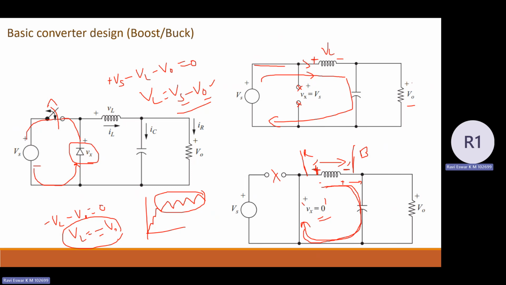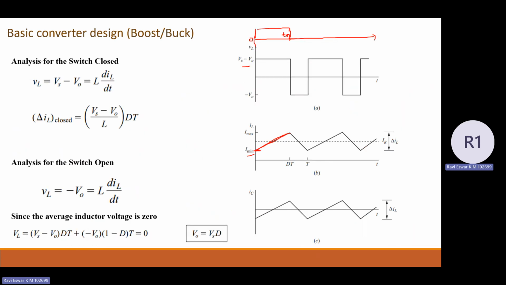Okay, so you can see when the switch is in off state for a duration of T off, the voltage across the inductor becomes negative. So VL equal to minus V naught, and the inductor is in discharging state with the falling slope, from Imax to Imin. Again this process continues.